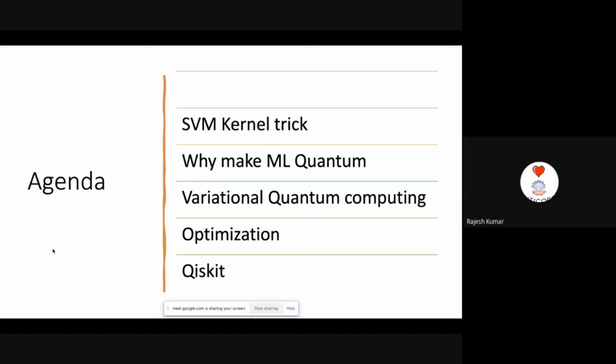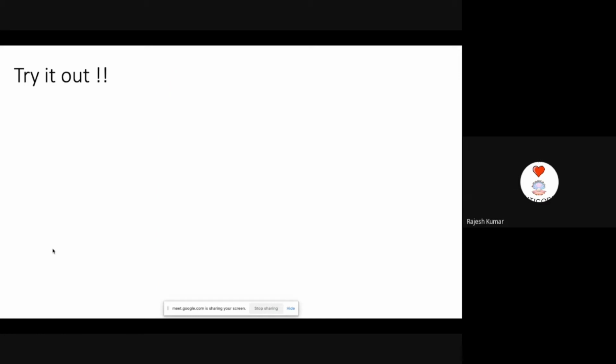I'm sure most of you have experience working with machine learning, so let's be a little bit more interactive so that we can get the core concepts clear from a quantum perspective. This will be the agenda, and I just want to understand how far you are exposed to some of the basic concepts.